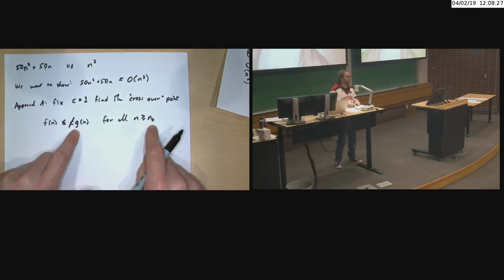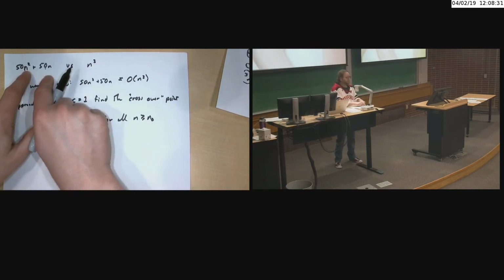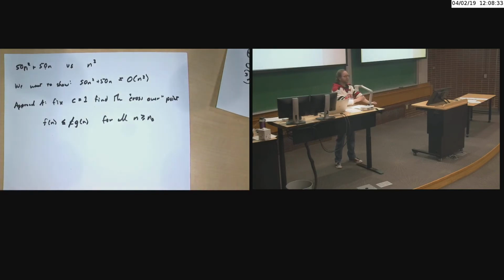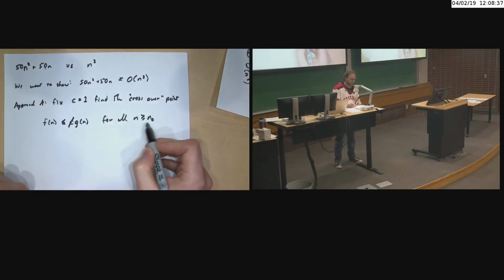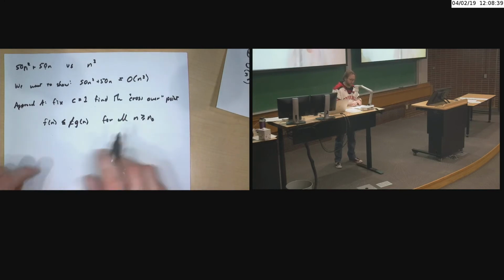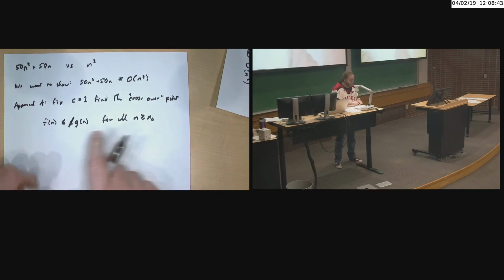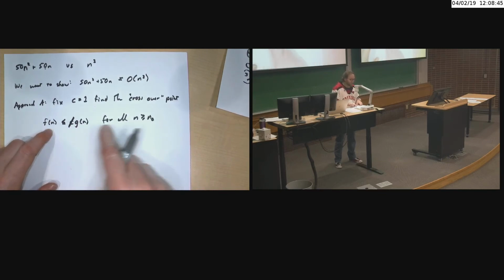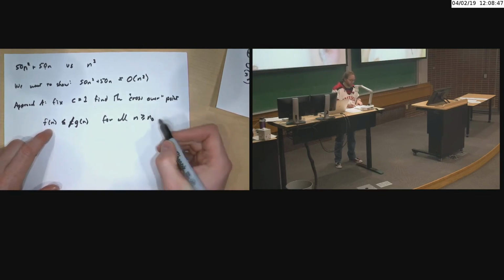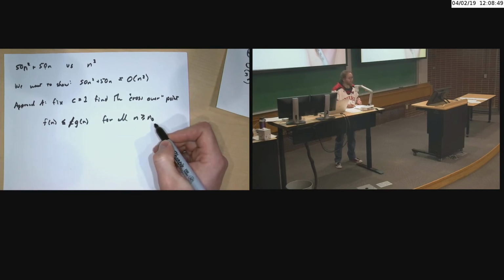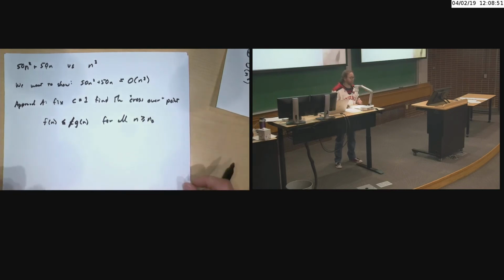I have 2 unknowns here, n naught and C. And if I've only got one equation and 2 unknowns, you've got to fix one to find the other. So I've thrown out C basically. Now I only have 1 unknown. I want to show that this inequality holds for all n greater than or equal to some n naught, and from the graph, that looked like it was 101. How do I go about proving that?